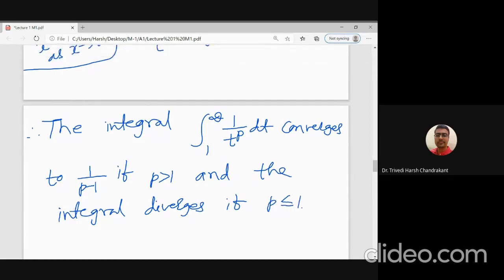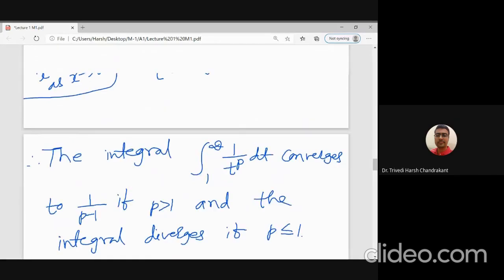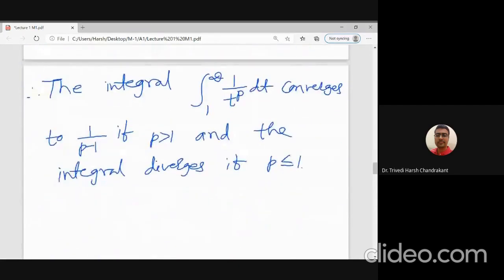So this result is more or less the same as the result of the p series test.